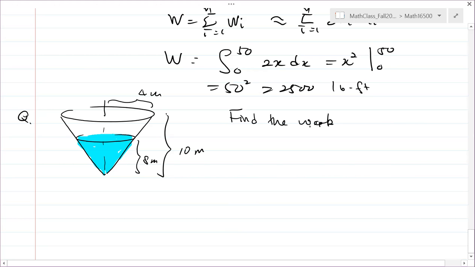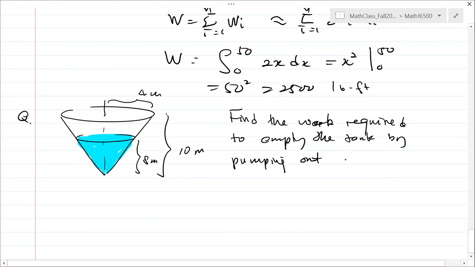There's no formula you can just use. By pumping all of the water to the top of the tank.